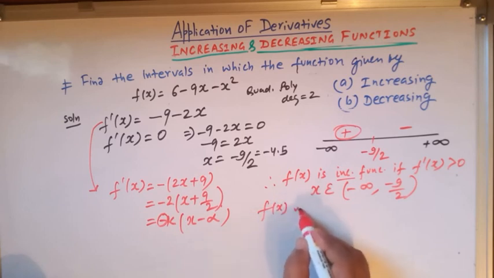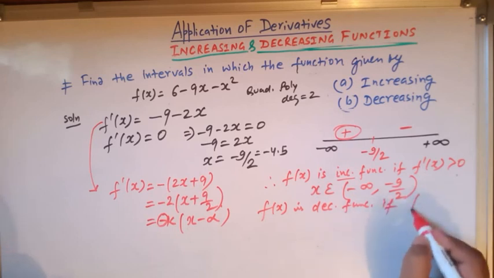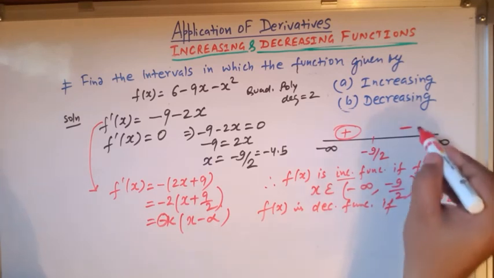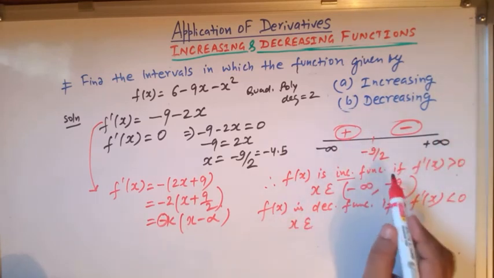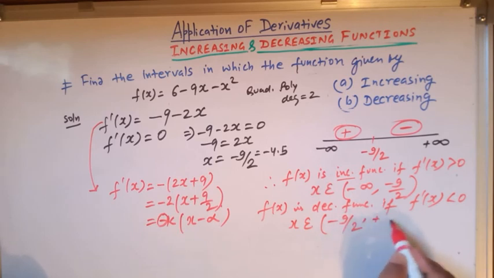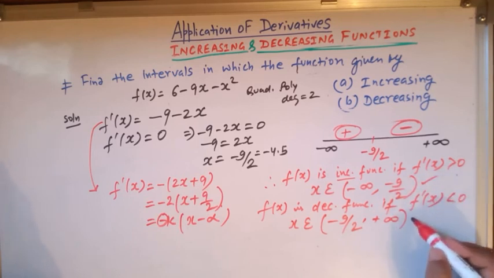Similarly, f(x) is a decreasing function if the derivative is less than 0, and the negative sign shows that in this interval the derivative is negative. So x belongs to minus 9 by 2 to plus infinity. Clear? So this is the interval for increasing function, this is for decreasing function. Clear?